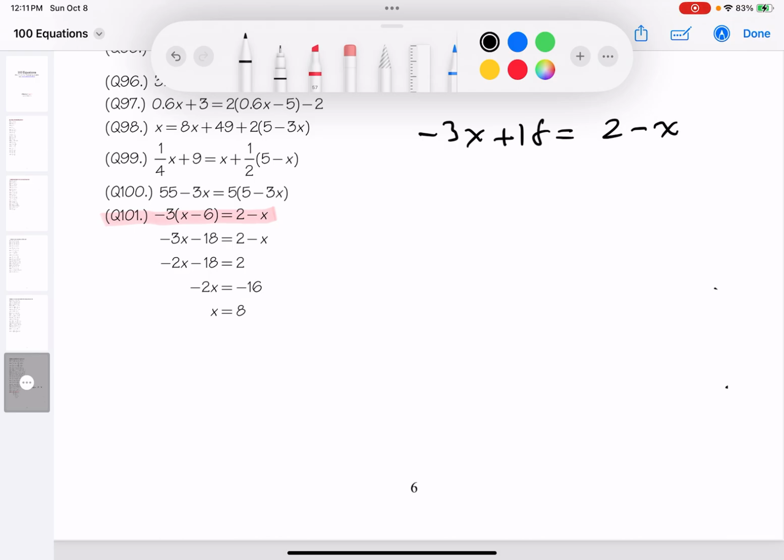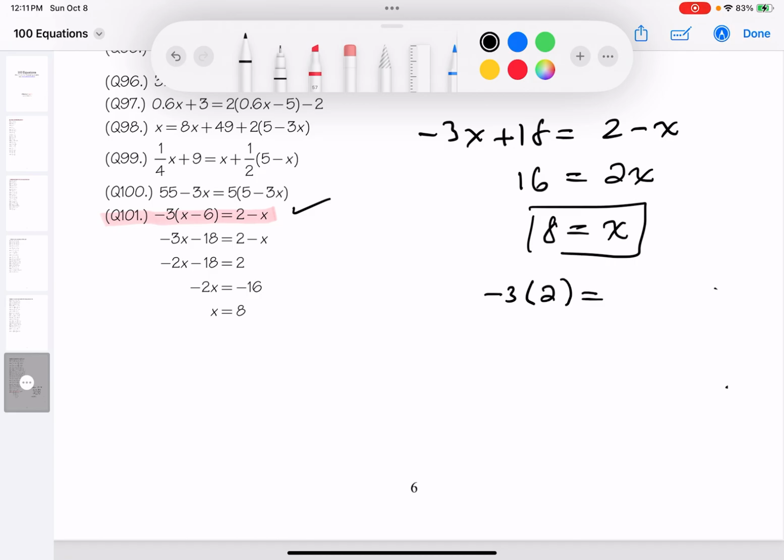And let's see what you get there. I'm going to add 3x to both sides and subtract 2. That's 2x, and this would be 16, and x is equal to 8. So I'm going to agree with that. But like anything, I'm going to check it too. So minus 3 times 8 minus 6 is going to be 2, and 2 minus 8. That's minus 6, and this is minus 6.